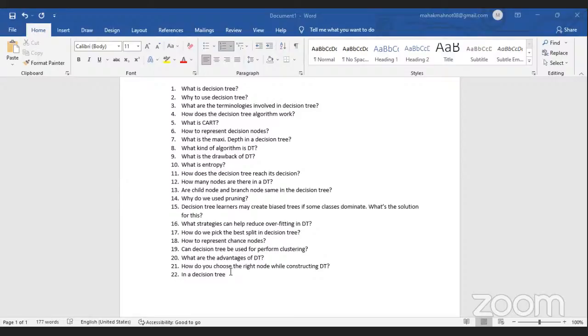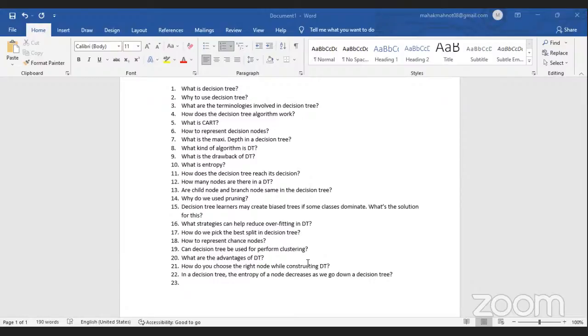Let me write it: the entropy of a node decreases as we go down a decision tree. Is this statement true or not? Whether the entropy of a node decreases or not.